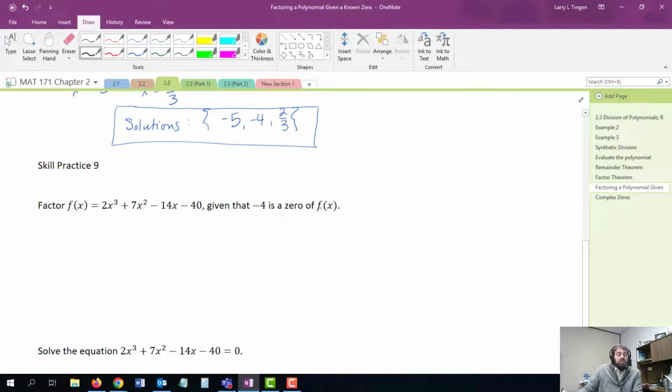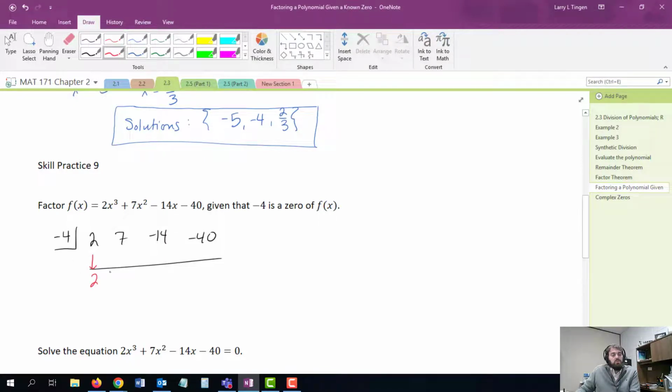I say -4 is a 0. The problem tells me -4 is a 0 of f of x. That means if I evaluate this at -4, I will get 0. 2, 7, -14, -40. 2 times -4 is -8. So we know the answer is supposed to be 0, right?